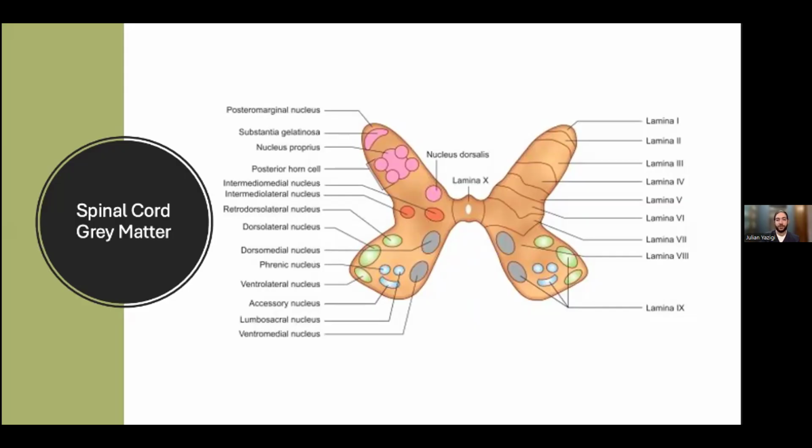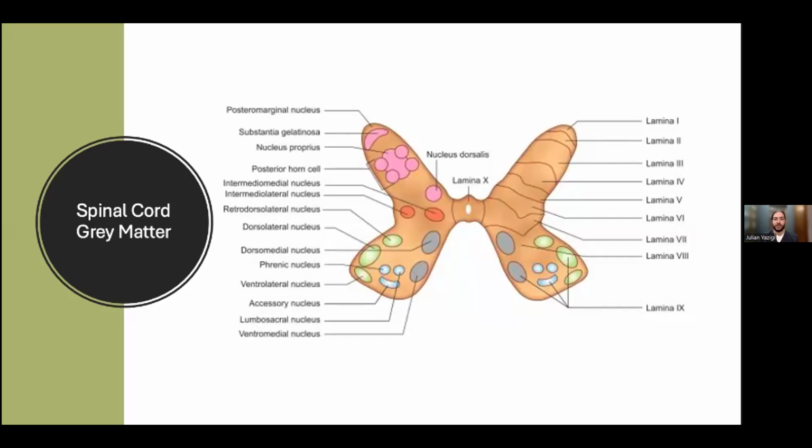Lamina X, or the central canal region, encircling the central canal, is where we would find it, as demonstrated in the illustration there. It's a thin ring of neurons and commissural fibers involved in visceral afferent processing and intersegmental communication.